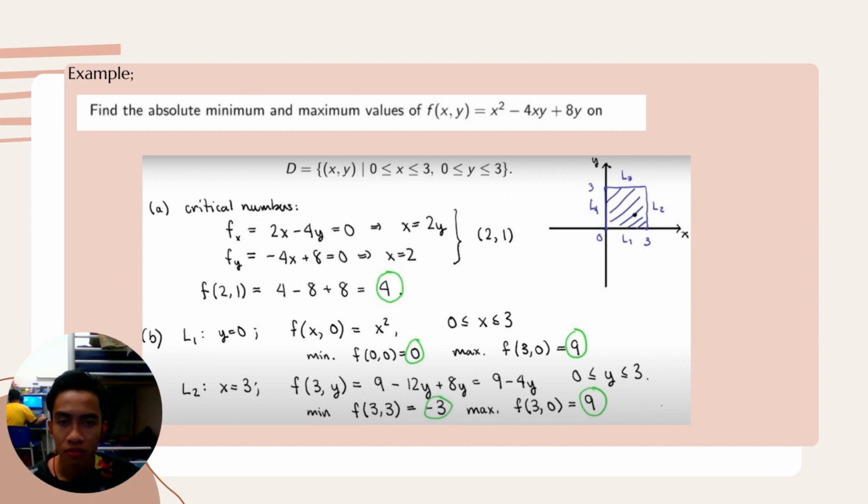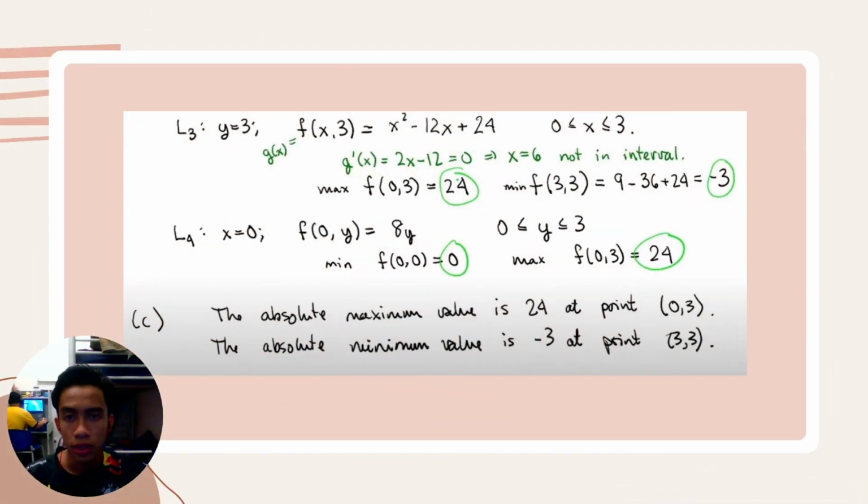So we use the 9 value which we have from the maximum, and minus it with 12y plus 8. So we have 9 minus 4y. So next we use the minimum value, which is f(3, 3), so x is 3 and y is 3. So we have the answer negative 3, and input the max value f(3, 0), so we have 9.